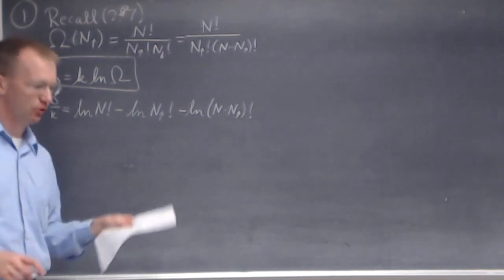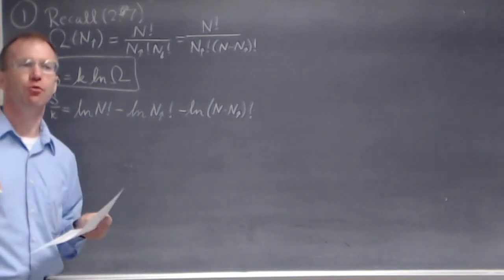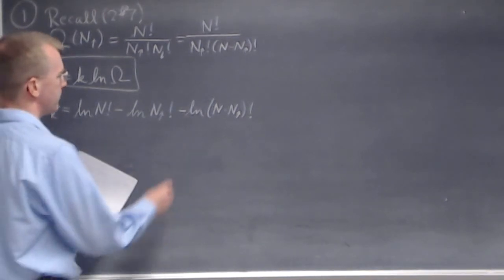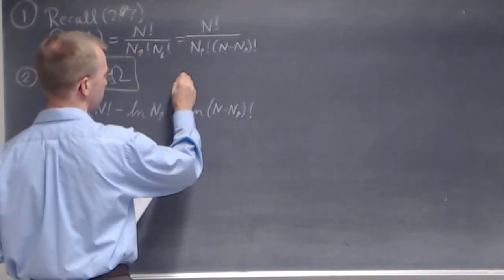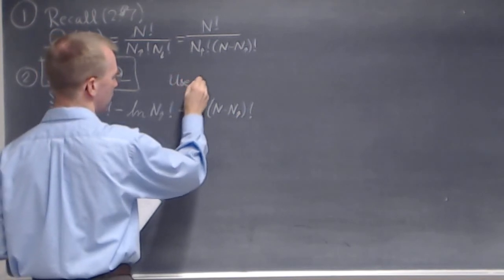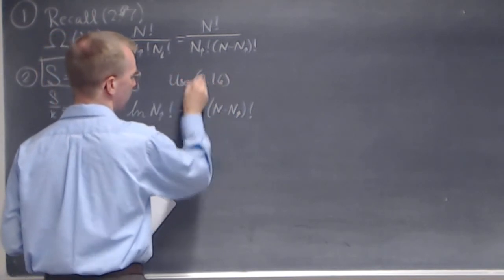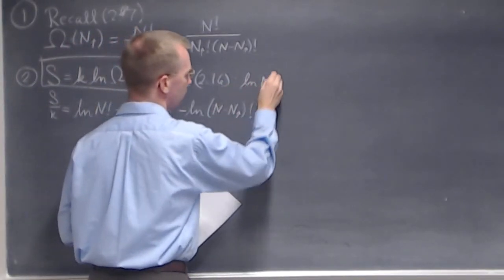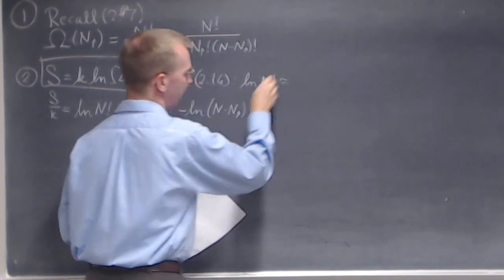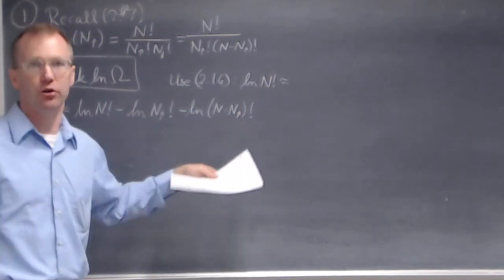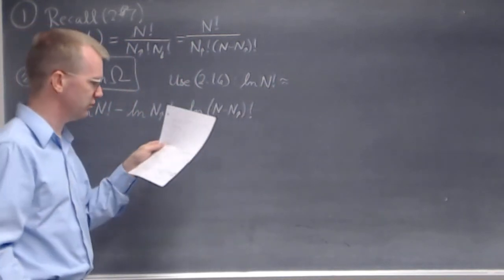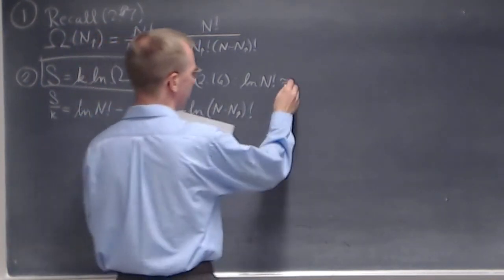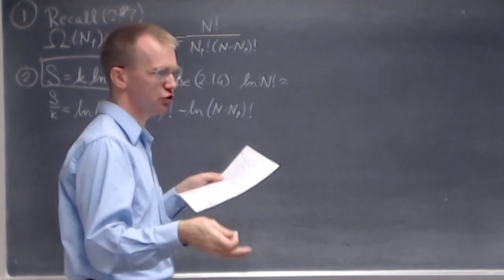Okay, next thing we do, equation 2.16, Stirling's approximation, where the natural log of any large number factorial is actually a large number.